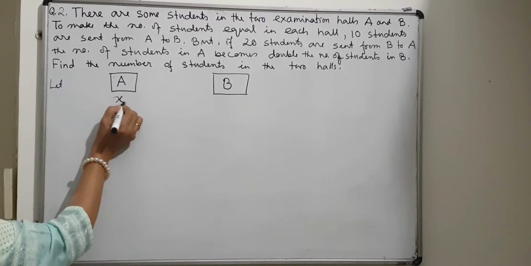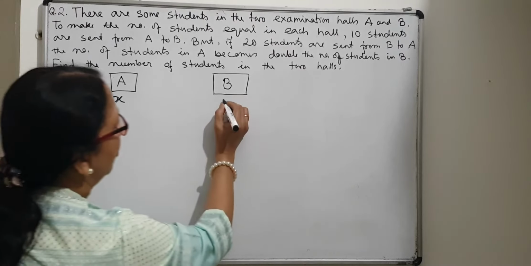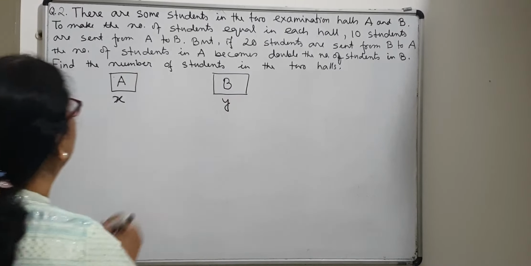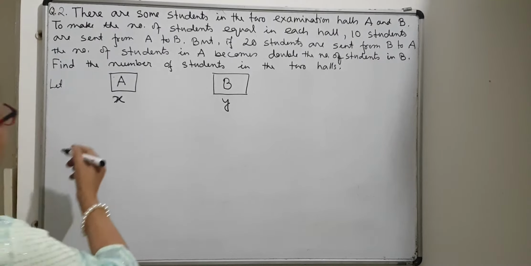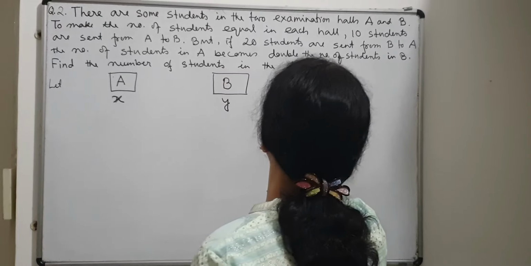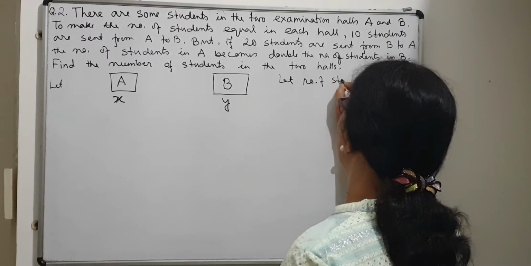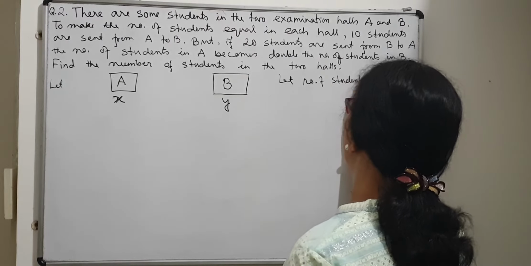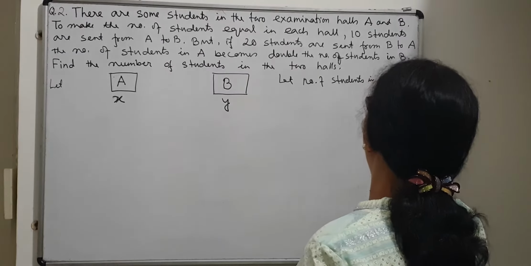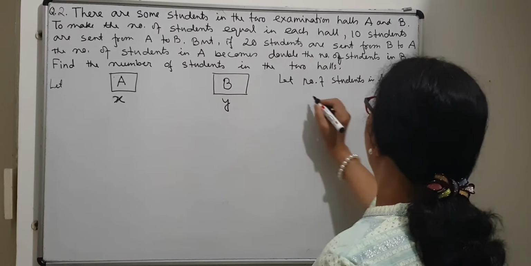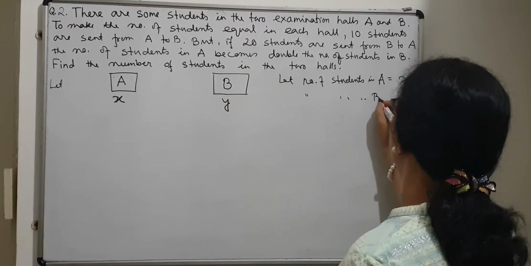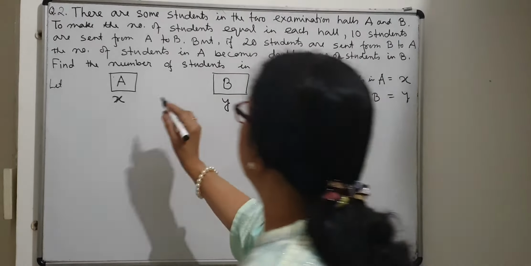X students are there in hall A, and let y students be there in hall B. So let me write in this way. Let the number of students in hall A is x, and the number of students in hall B we have taken to be y. So it is like this.